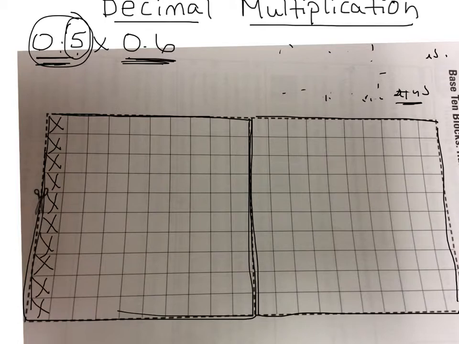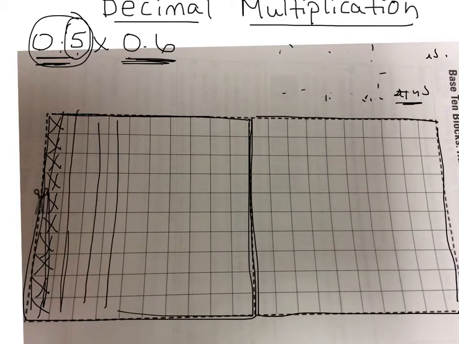Because if we were thinking about this as a big hundreds block, this would be 10, this would be 10, this is 10, this is 10, and this is 10, because there's 10 squares in each row. It's going to take too long to X in all of them, so I'll just pretend that we're shading these in. These lines will represent shading. So I've done 5: 1, 2, 3, 4, 5. I've shaded in 5 sections of 10.